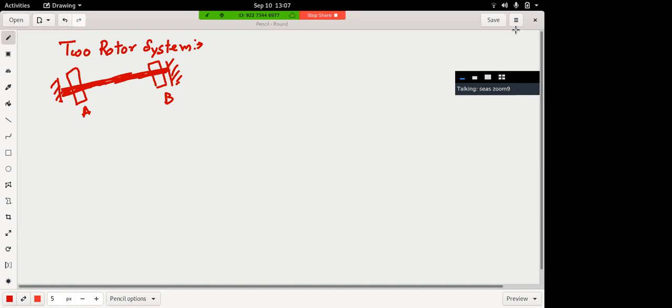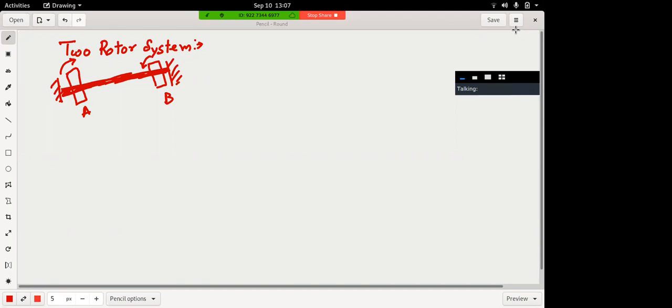So in this experiment, what we do is that we give some clockwise motion to disk A and anti-clockwise motion to disk B, while both the ends of the shaft remain fixed. So we give almost equal opposite motion to disk A and B, which are mounted on this shaft.